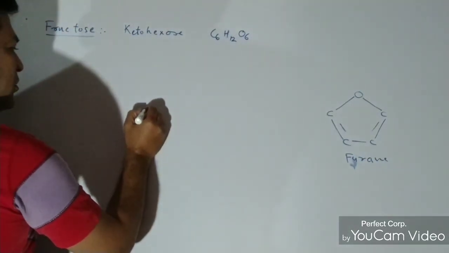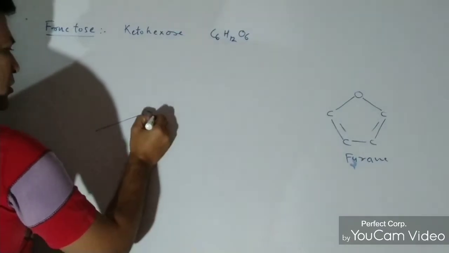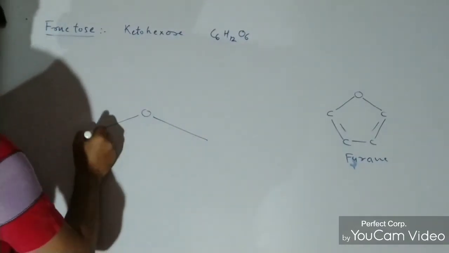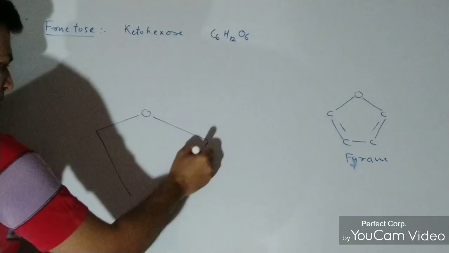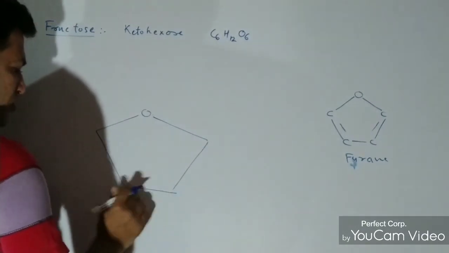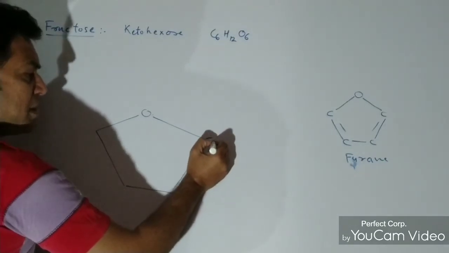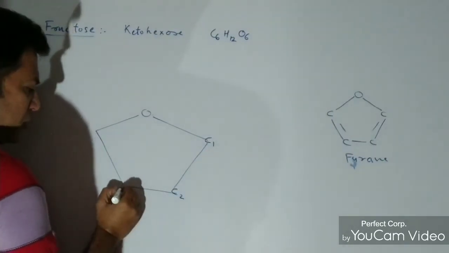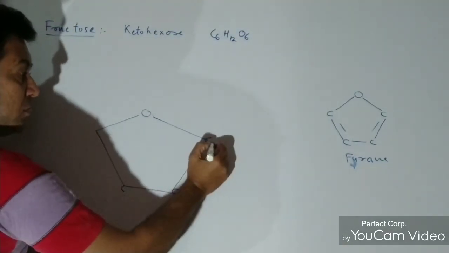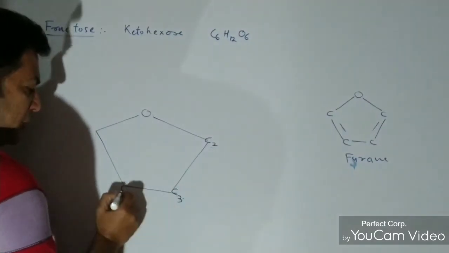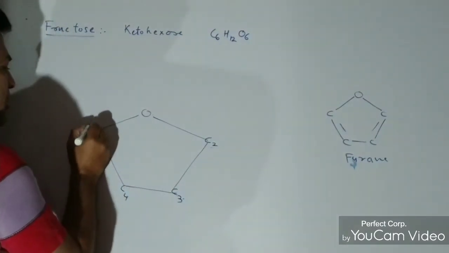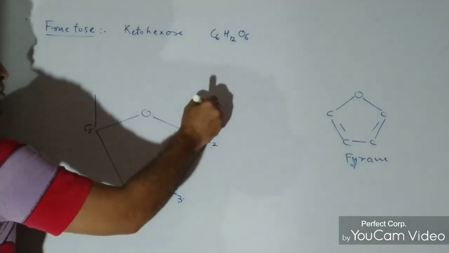Here you have to draw O. This pentagon you have to make. This is the furan. We will start with carbon number 1, carbon number 2, carbon number 3, carbon number 4, carbon number 5, and carbon number 6.